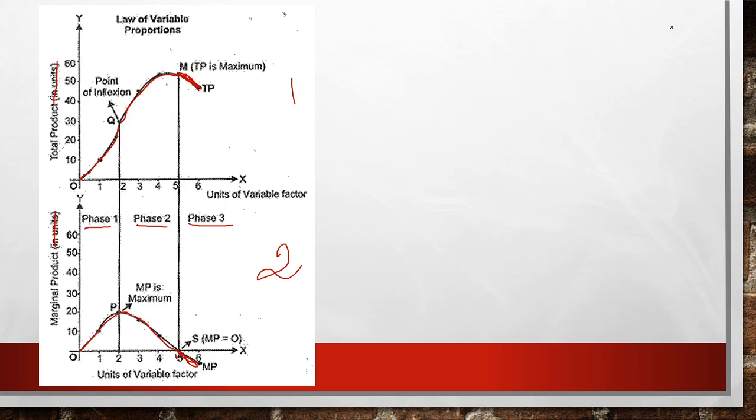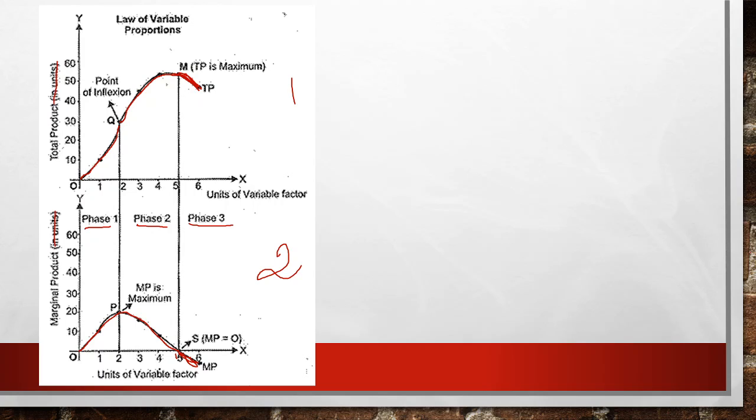So please draw this diagram. Phase 1 is increasing return to a factor, okay? In the first phase every additional variable factor adds more and more to the total output.